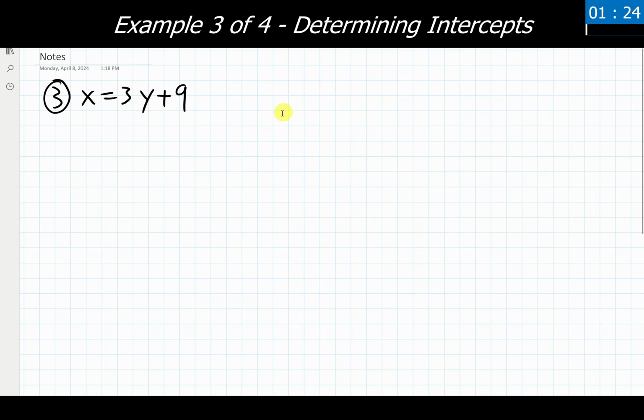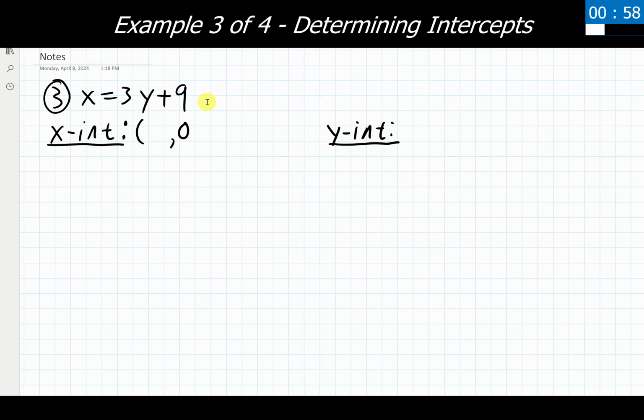Our third example is giving us the equation x equals 3y plus 9. We're going to solve this the exact same way as our previous one. We're going to set up the x-intercept and the y-intercept spot. With the x-intercept, we know that the y value is always 0.